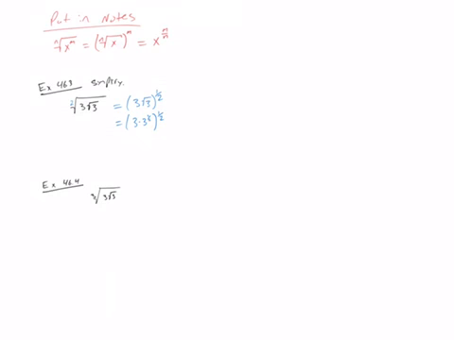The first one's exponent is just 1, so I'm adding 1 plus 1/2, which you could think of as 2 over 2 plus 1/2. So this is going to be 3 to the 3/2 to the 1/2. Remember, now we multiply these exponents because it's being raised to that power. So this is 3 to the 3/2 times 1/2, which is 3 to the 3/4, since 3 times 1 is 3 and 2 times 2 is 4.